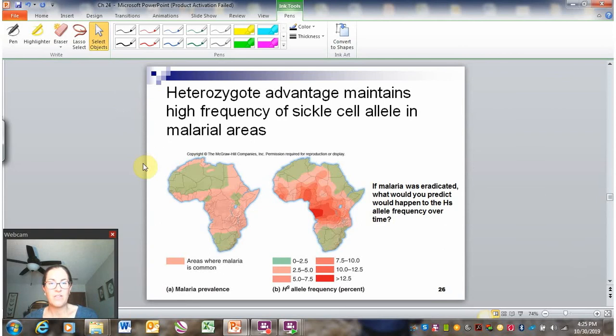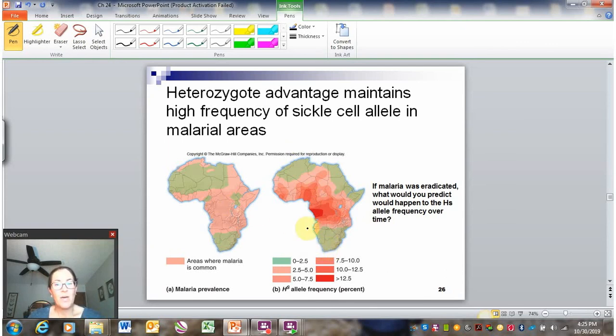And so let me skip ahead for a second to this slide. These are regions of Africa that are high in malaria. So this is where malaria is really high, or where malaria is common. And so the allele frequency of the sickle cell gene is greatest in these regions where malaria is present. And when you get outside of the malarial regions, you see a reduction in the sickle cell anemia genes.